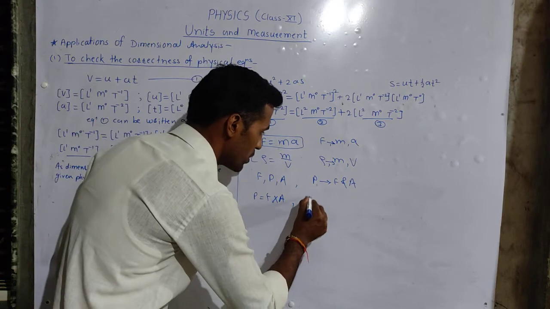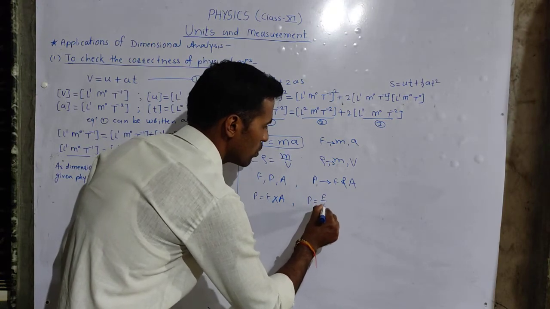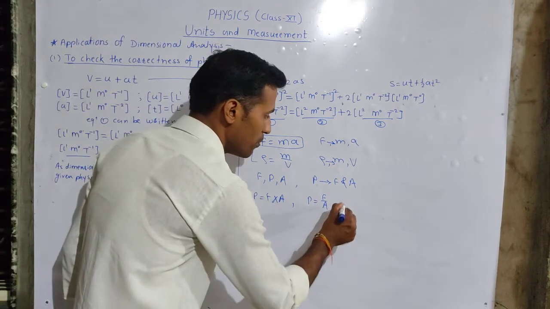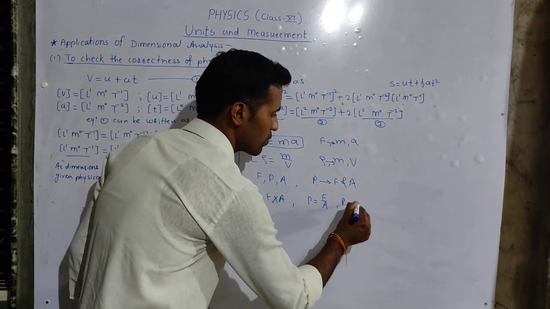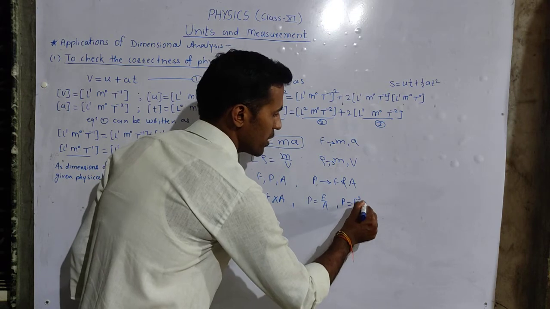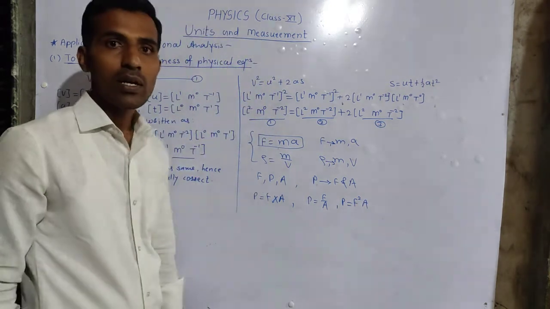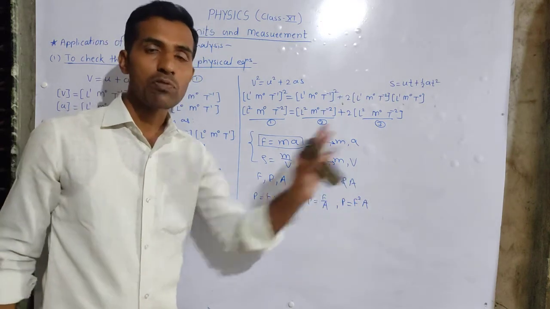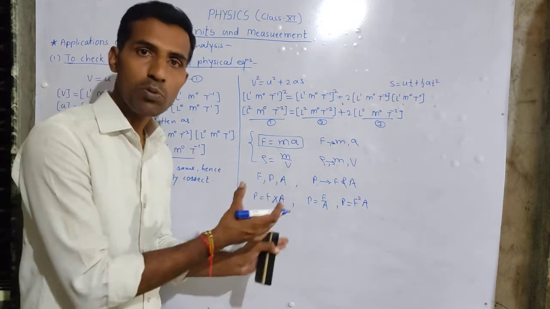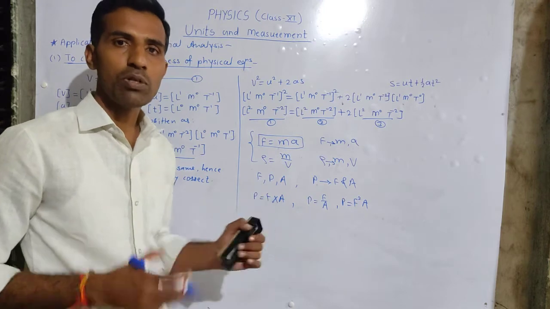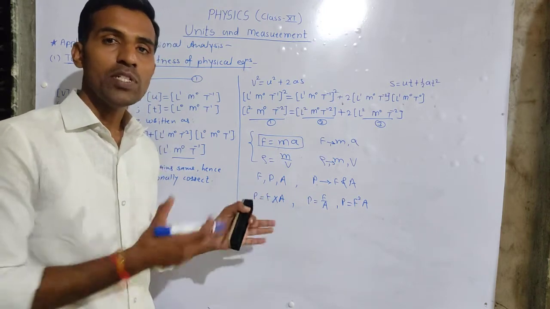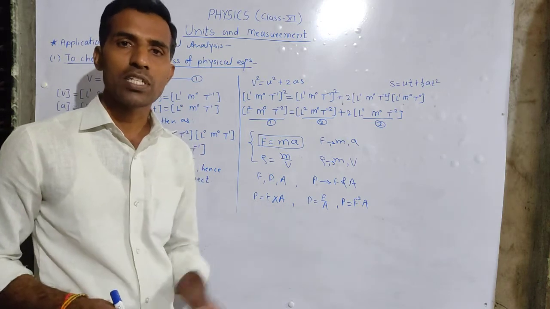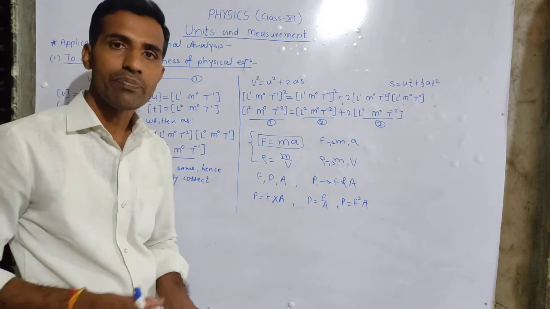We can write pressure is equal to force upon area. This is another possibility. We also can write pressure is equal to F square A, force square A. Another equation we can write is pressure is equal to F into A square, or maybe cube, maybe root, square root, cube root, division, multiplication, anything, any physical equation may be there.